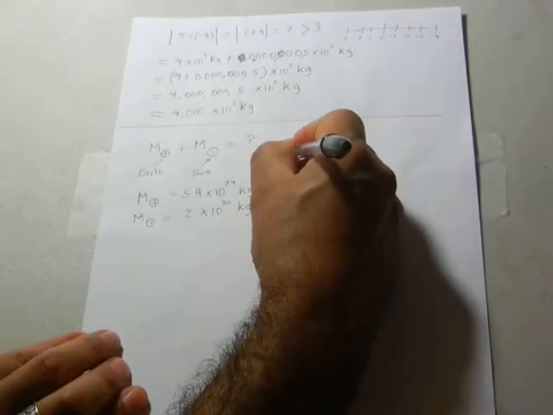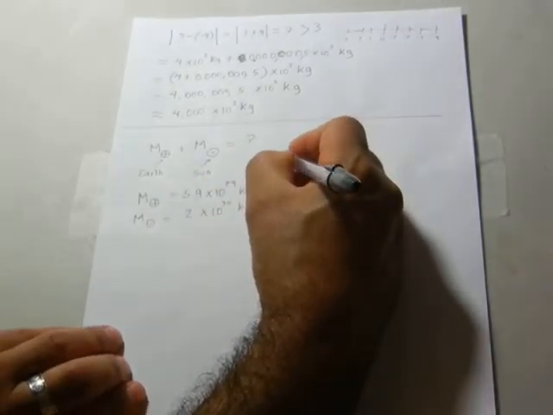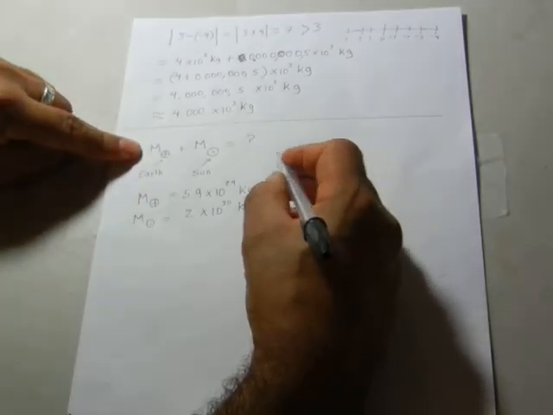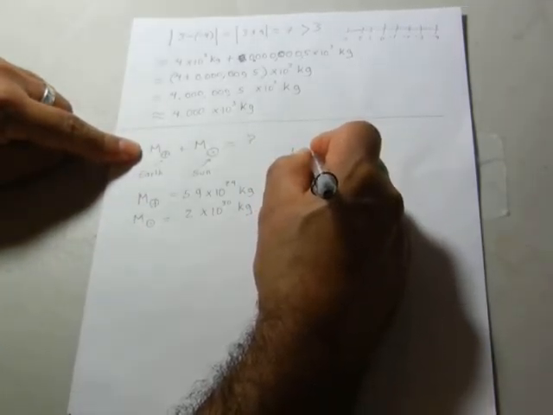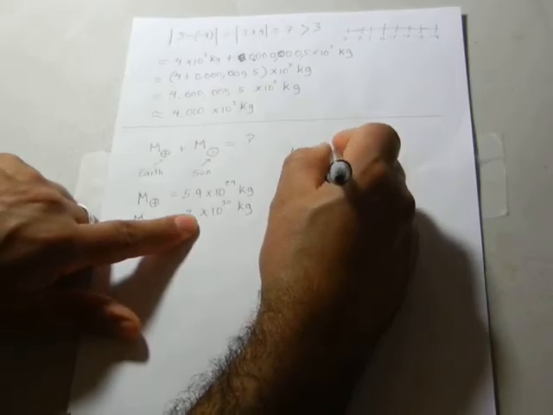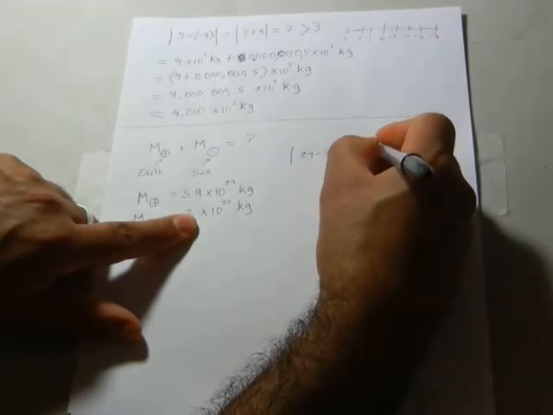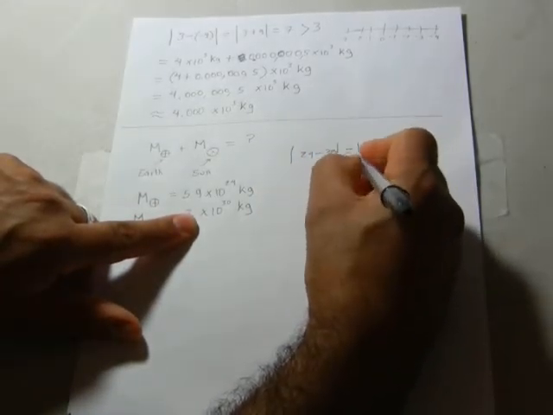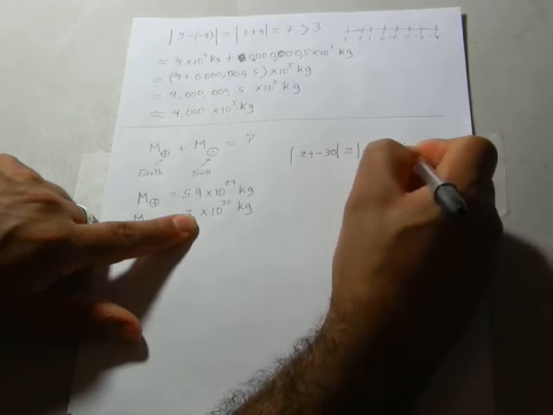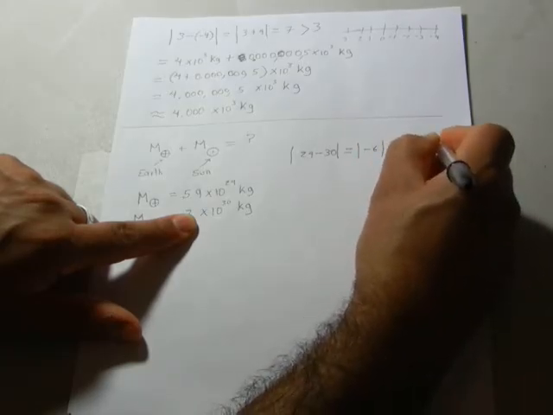So the rule says to take the absolute value, 24 minus 30 is minus 6. The absolute value gives me 6, and 6 is bigger than 3.